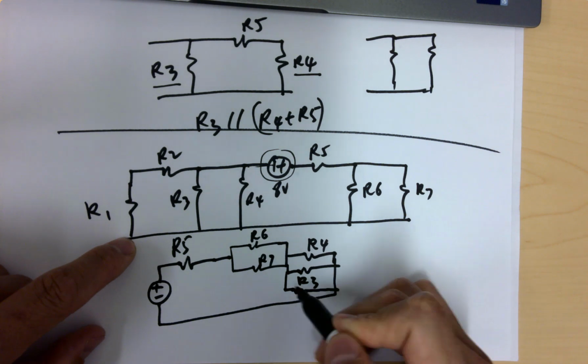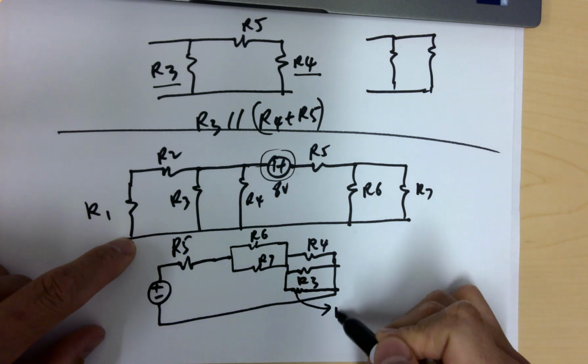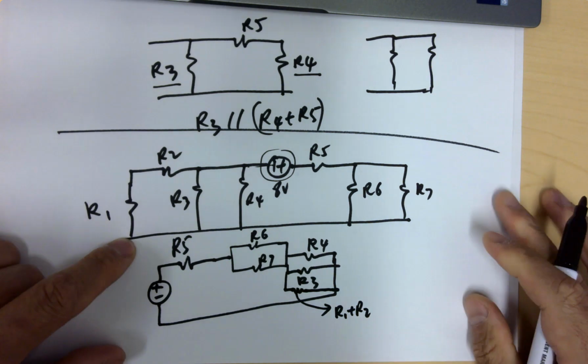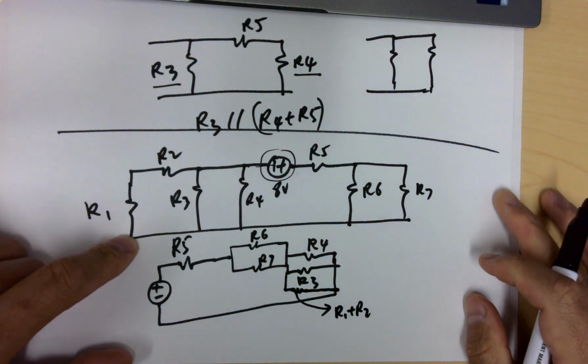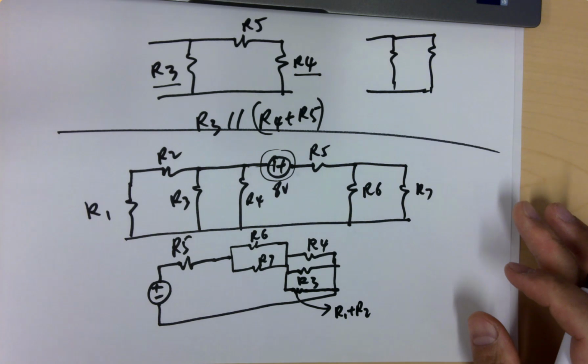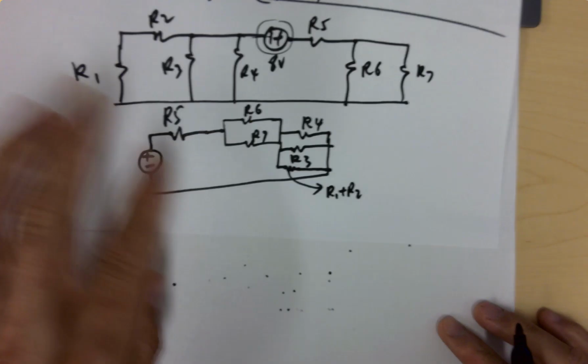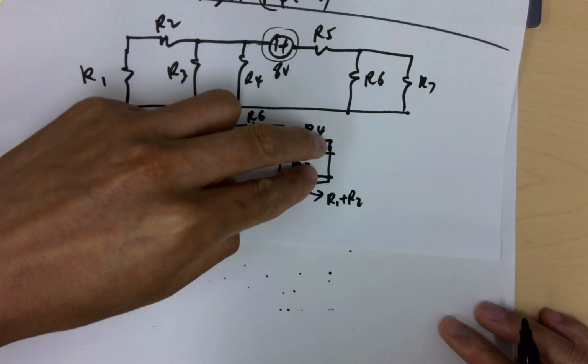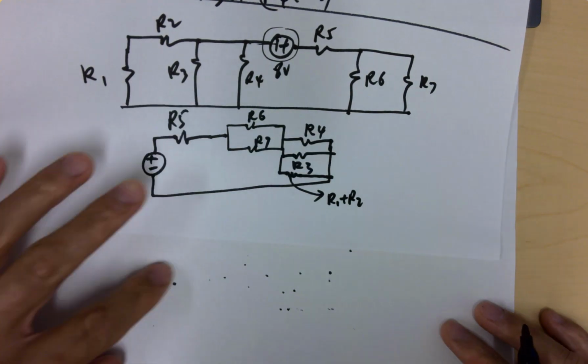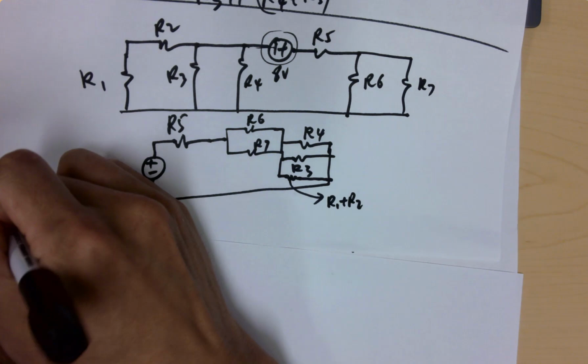Let's combine them. This resistor here is basically R1 plus R2. This becomes a lot easier because it's basically just two parallel resistive networks in series.